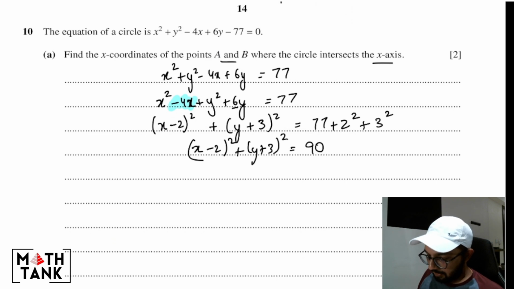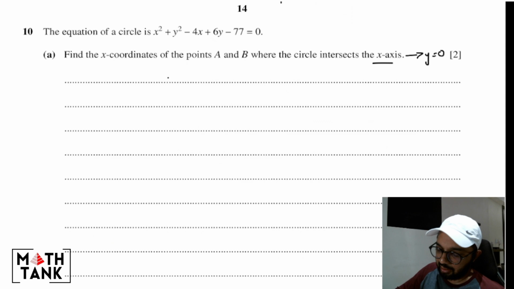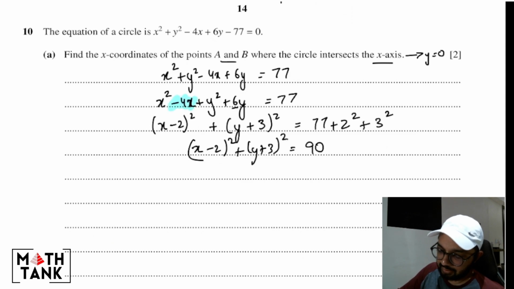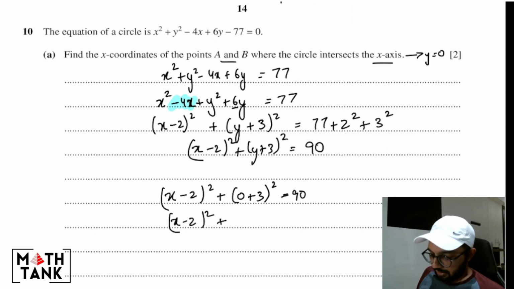If I want to find where it intersects the x-axis, that means y has to be 0. I didn't see this question. Okay, I could have just done this. In fact, I'll let this remain because I would want to find out the center later on. So I just need to put y equals 0. (x minus 2) whole squared equals 90 minus 9, which is 81.